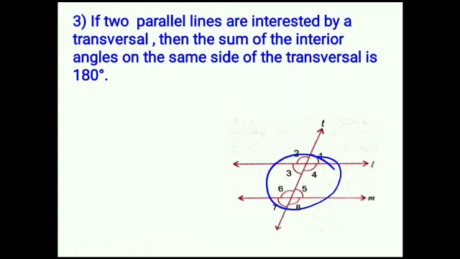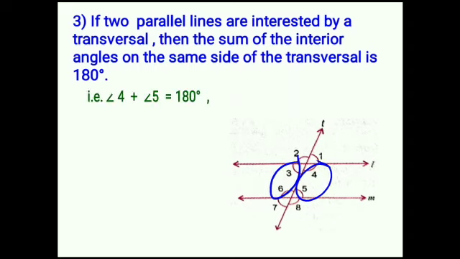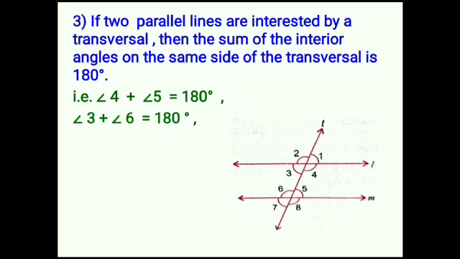The interior angles are 3, 4, 5, 6, but we have to consider the same side. So angle 3 and angle 6, angle 4 and angle 5. The addition of these two angles is 180 degrees. So angle 4 plus angle 5 is equal to 180 degrees, and angle 3 plus angle 6 is equal to 180 degrees. So this is property number 3.